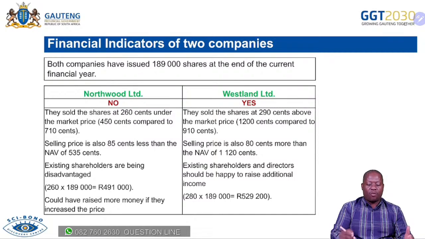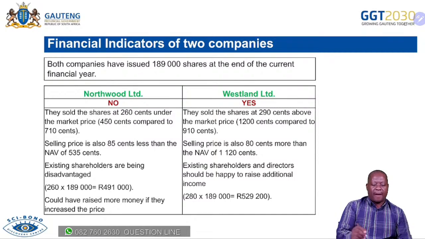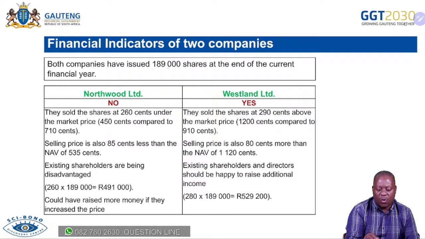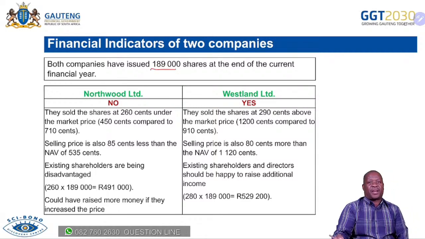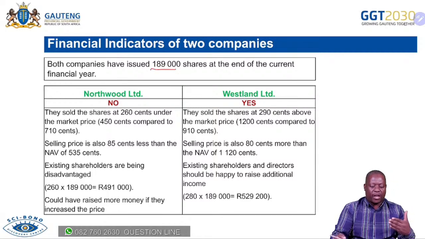From what we can see, both companies issued 189,000 shares at the end of the current financial year. Now let's look into which company makes sense.